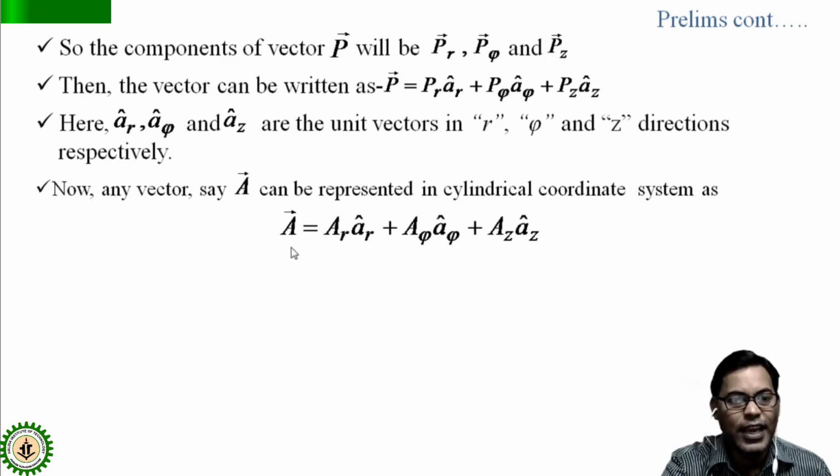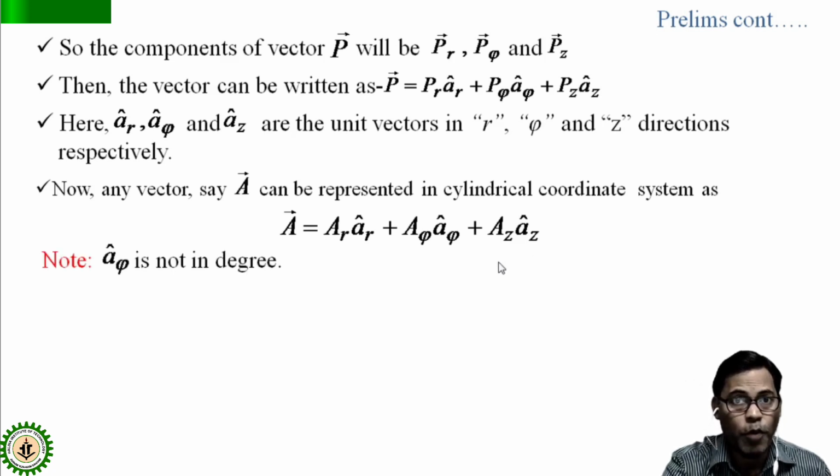You can see that the vector A will be equal to A_r a_r plus A_phi a_phi plus A_z a_z. Here capital A_r, A_phi and A_z are representing the components of vector A along the r axis, phi axis and the z axis. And as I said earlier, a_r, a_phi and a_z are the unit normal vectors along r, phi, z direction respectively.